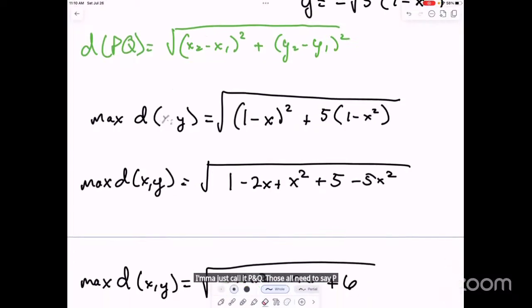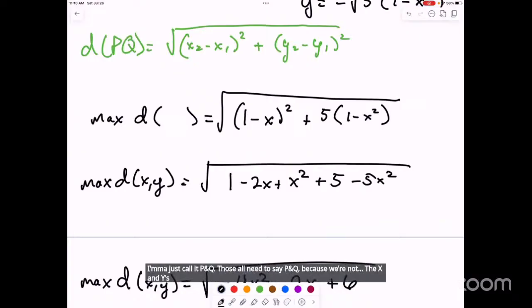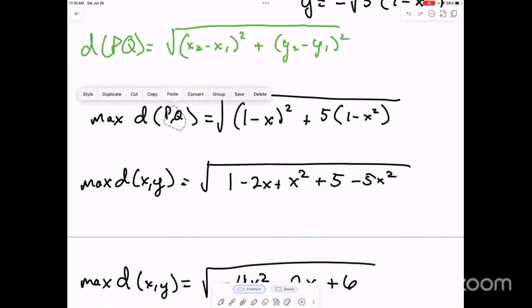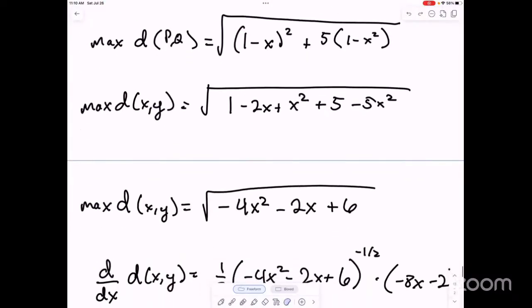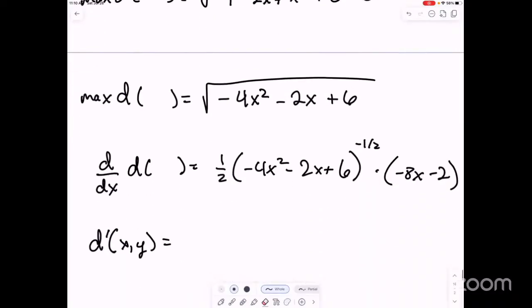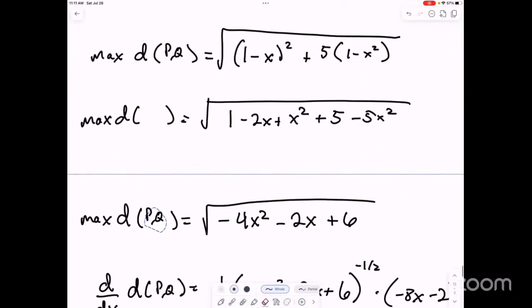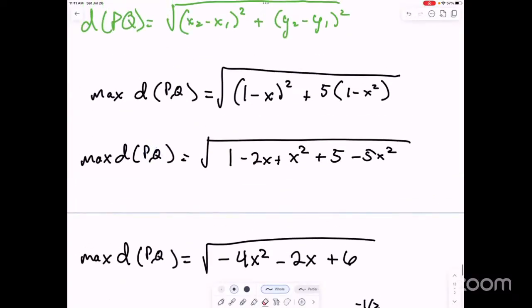Those all need to say p and q, because x and y is not the proper nomenclature. Okay, so distance between 2 points, that's fine.